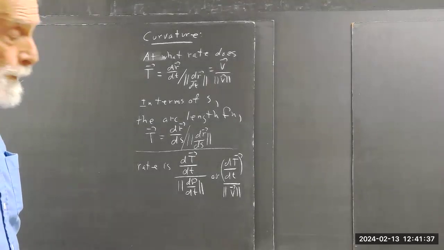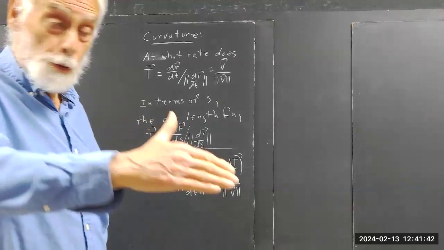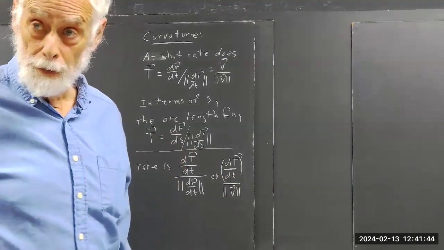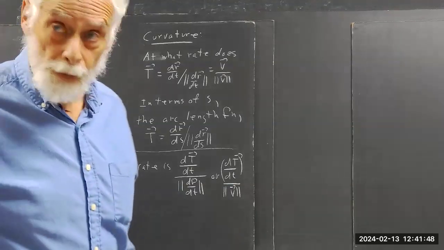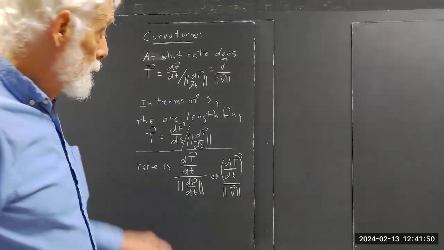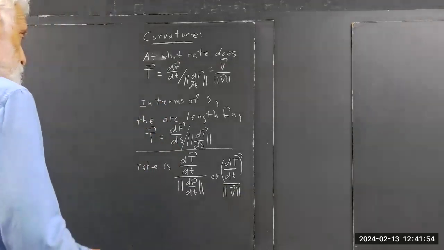Why do you divide by velocity? Because of what I just said. The faster you go around that curve, the faster your unit tangent vector is moving. So you divide out the velocity. And then you can work out the fact that this does equal dT/ds.